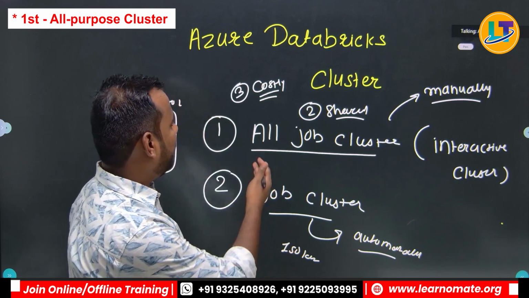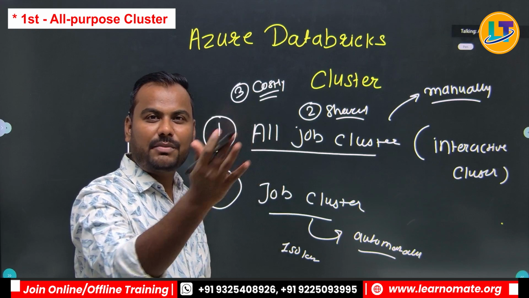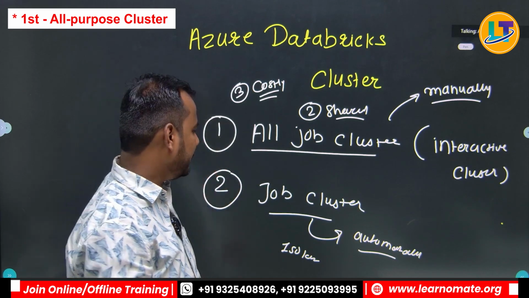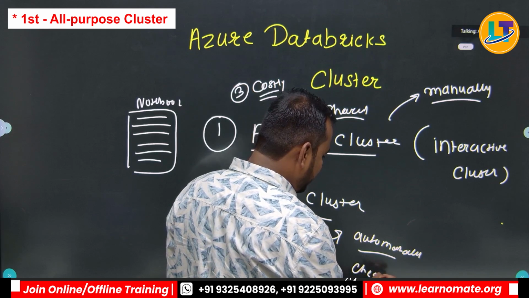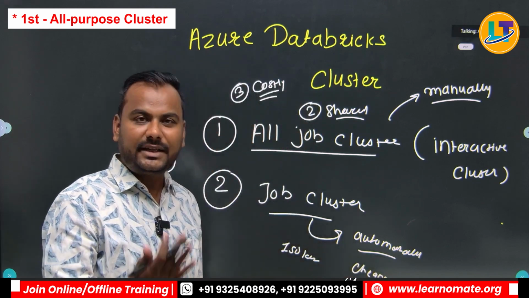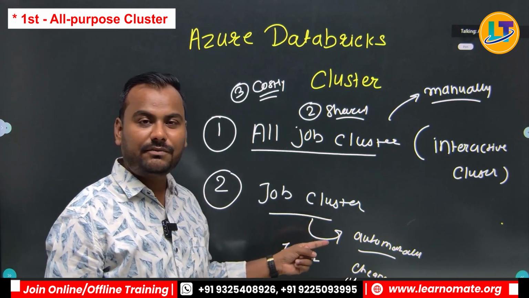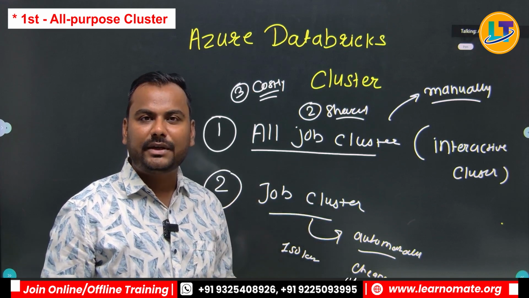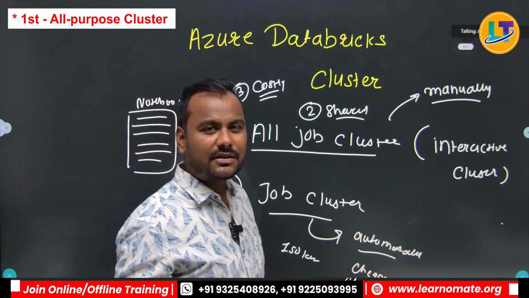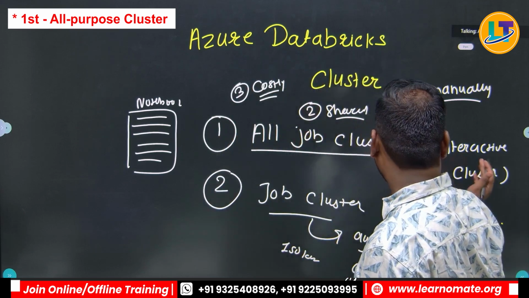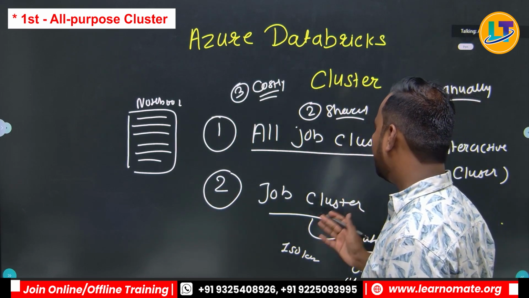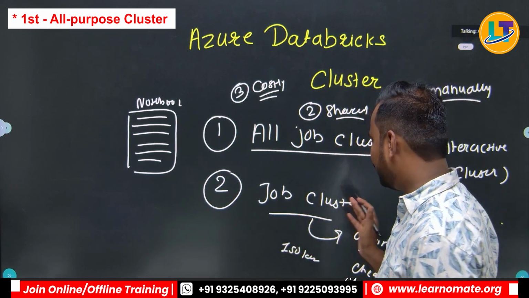So this is costly, though it is shareable, so multiple developers can work together. The job cluster is a little cheaper. Why? Because whenever you submit the job, only at that time is the job cluster created, and it automatically gets destroyed also. So these are some basic differences between the interactive cluster, which we call the all-purpose cluster, and the job cluster.